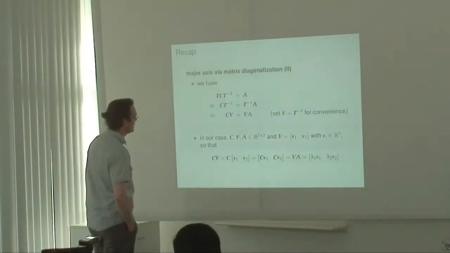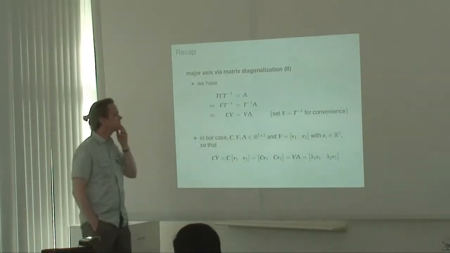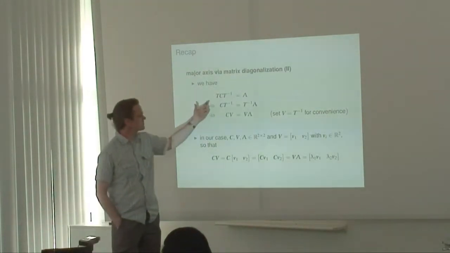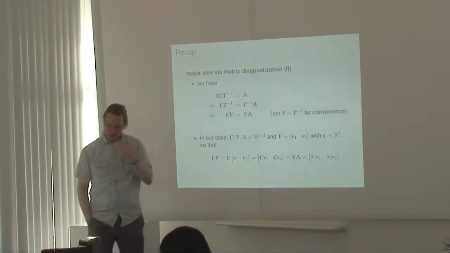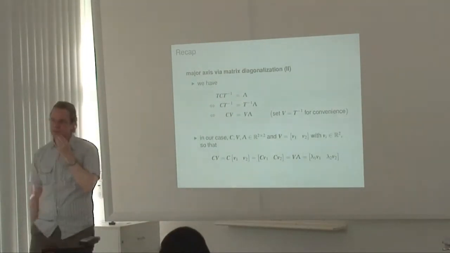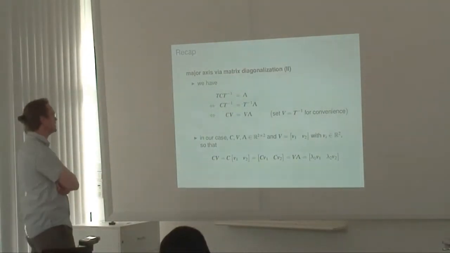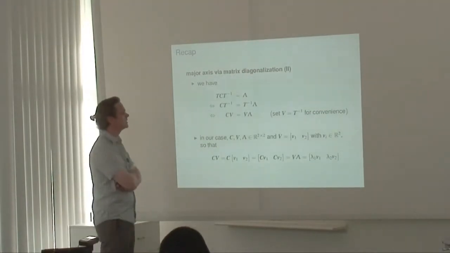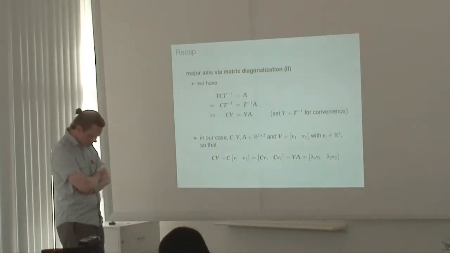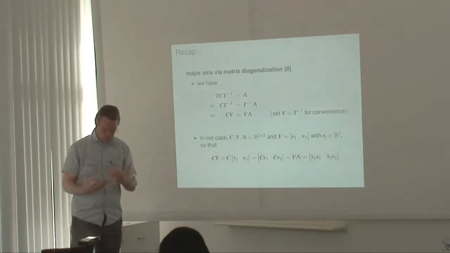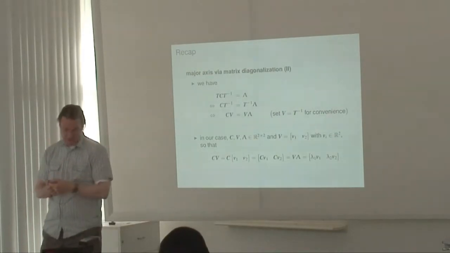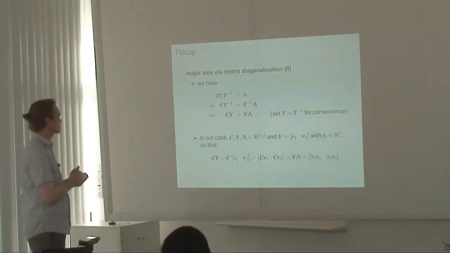And again, doing some algebra, we find that this is what defines our matrix lambda, the fact that we are looking for a transformation T such that T times C times T inverse gives us lambda. Again, we do assume that T is invertible, otherwise we could not even express it like that.